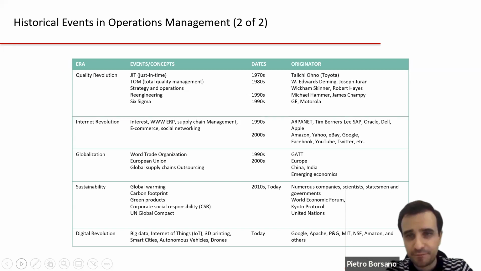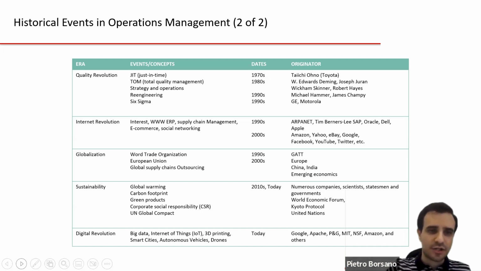And then the role of quality and lean manufacturing, the lean model, especially from Japan, which then ended in a higher adoption of information technology and the internet in operations, and the most recent trends in operations: globalization, sustainability, and digital revolution.